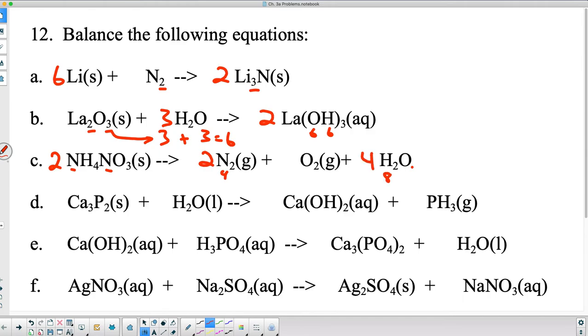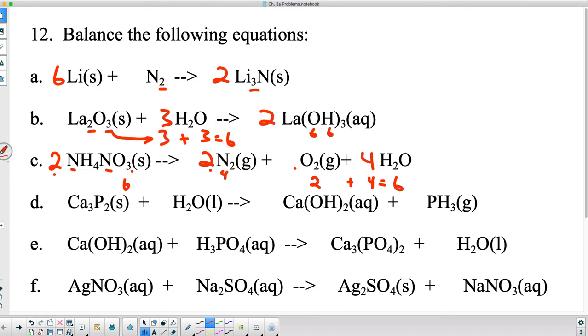Now we might be getting somewhere. 2 times 3 gives me 6 oxygens. Here I have 2 oxygens plus 4 times 1 is 4 oxygens, which gives me 6 oxygens. So this actually works. So my numbers are 2, 2, 1, and 4.